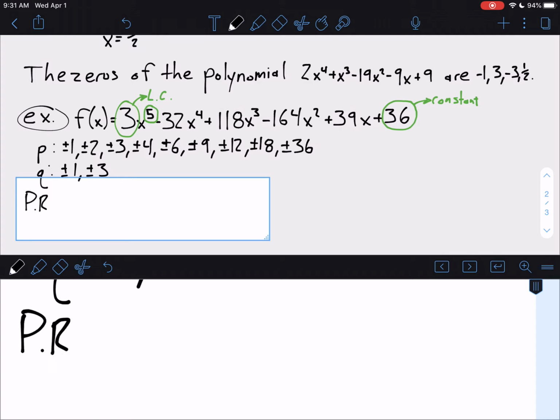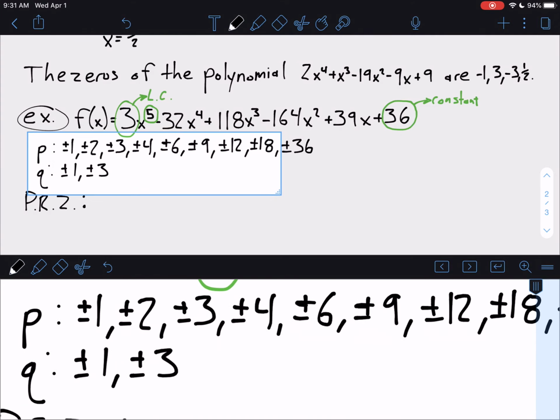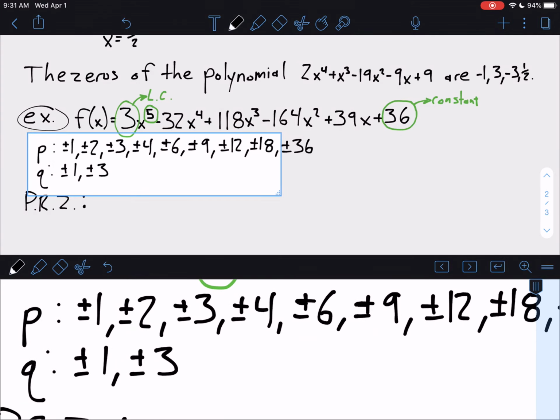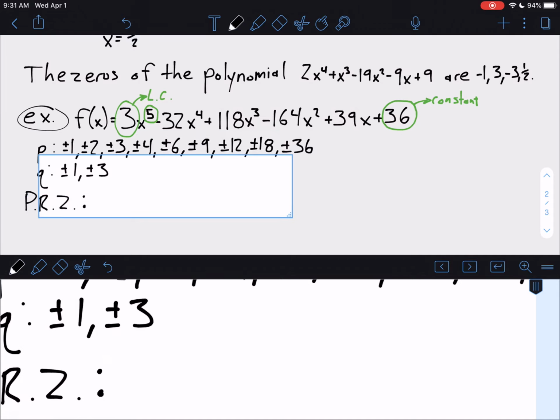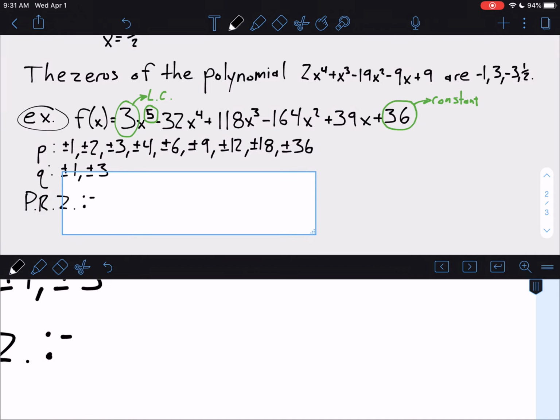All right, so I want to list my possible rational zeros. And those are going to be the p-values over the q-values, just like they were last time. So I'll start by just doing the q in the denominator is going to be 1. So I can just go with all my p-values.